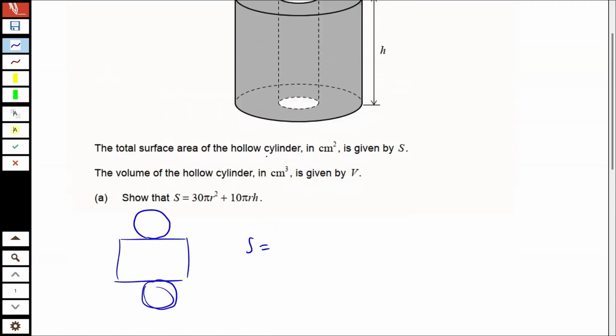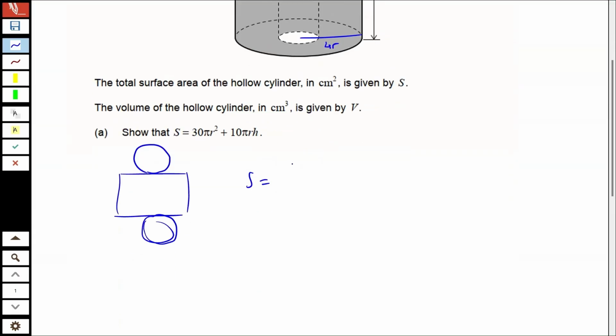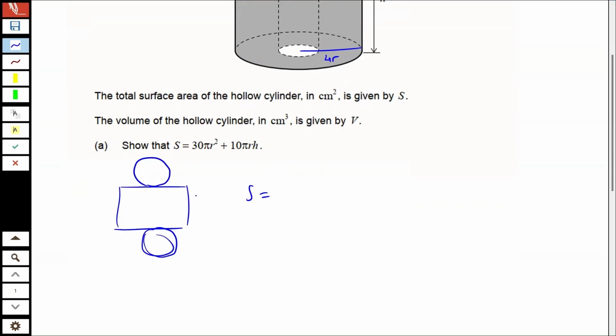So we can first start by, the big radius is 4r in this case, and the height is h. Here is the perimeter of the circle, which is 2 times pi times 4 times r, the radius. We're gonna write 2 times pi times 4r times h for the rectangle.